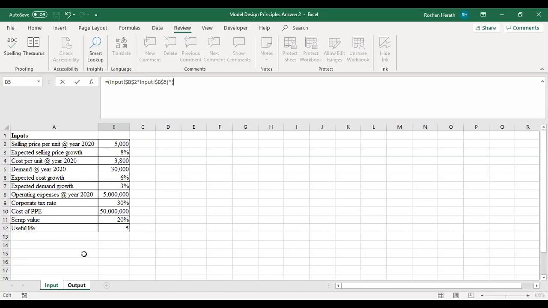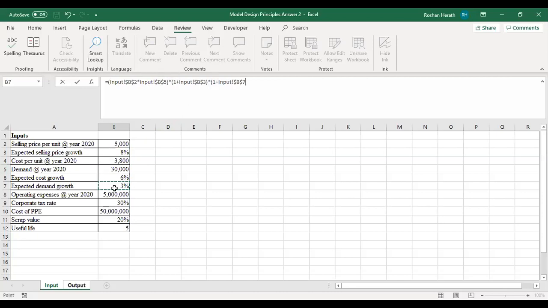See, here I'm working in the input sheet, right? So you can get 1 plus the expected selling price growth. Let me incorporate that first. Brackets, and then let me incorporate the growth in the demand. Similarly, 1 plus the demand growth.